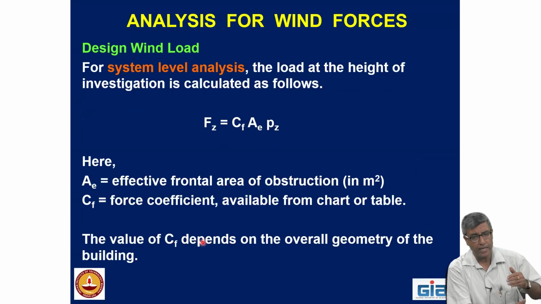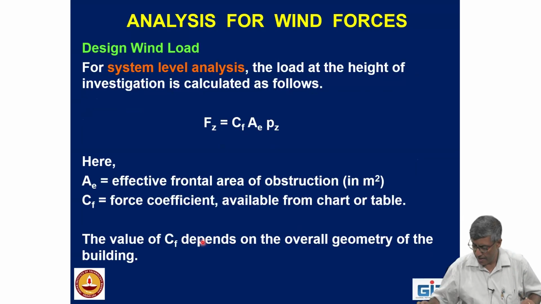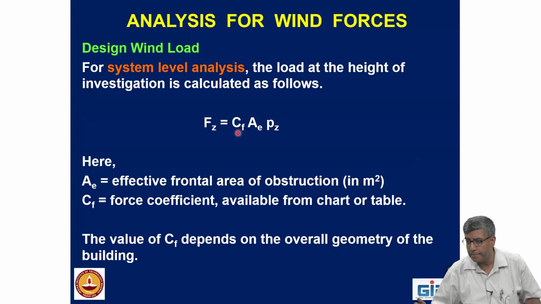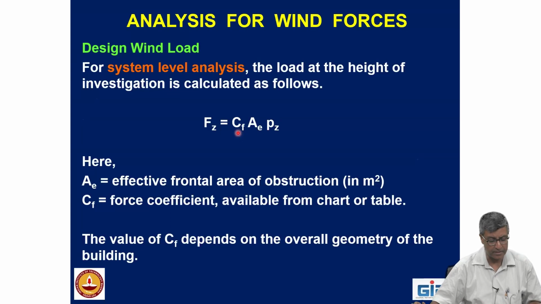That means once I'm able to find out this pressure, then I calculate the force at a certain level based on a coefficient. So what is this coefficient? This coefficient is the dynamic characteristics of the building, which we get from a certain chart. I will show the chart in the next slide.